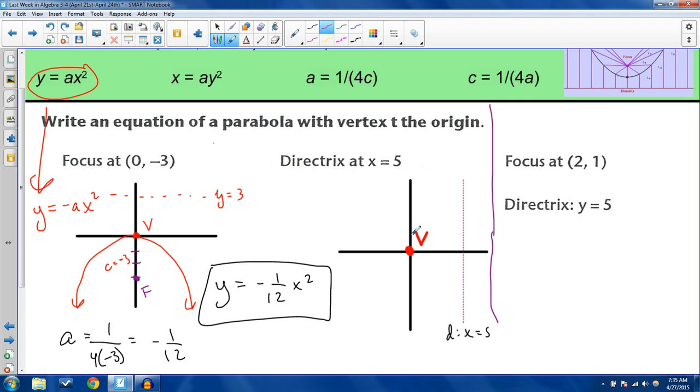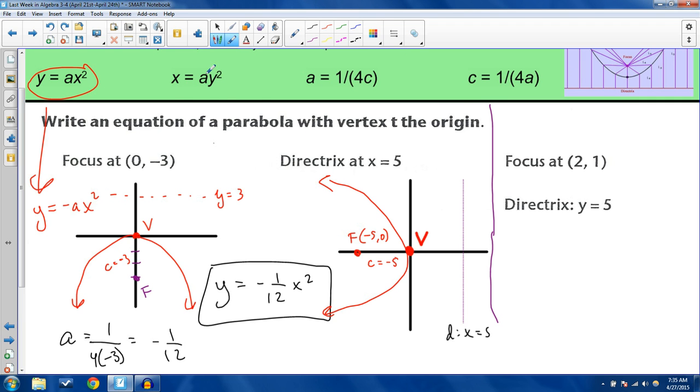Since the directrix is outside of the parabola and it's 5 away, our focus must be right over here at the point negative 5, 0, which means our C in this case is negative 5 as we go from vertex to focus.